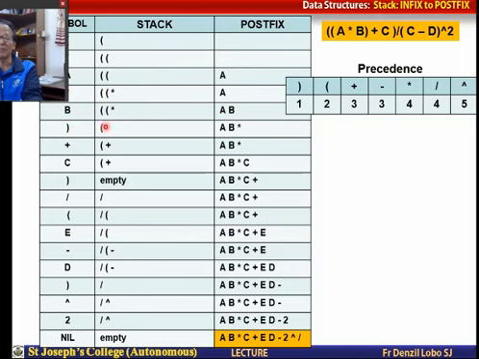Then you come to the right parenthesis, you pop the operator until you come to the left parenthesis. Then you come to plus, it goes onto the stack, you come across operand C, which goes onto the postfix expression. Then at the right parenthesis you go on emptying, plus goes in there until you come to the left parenthesis.